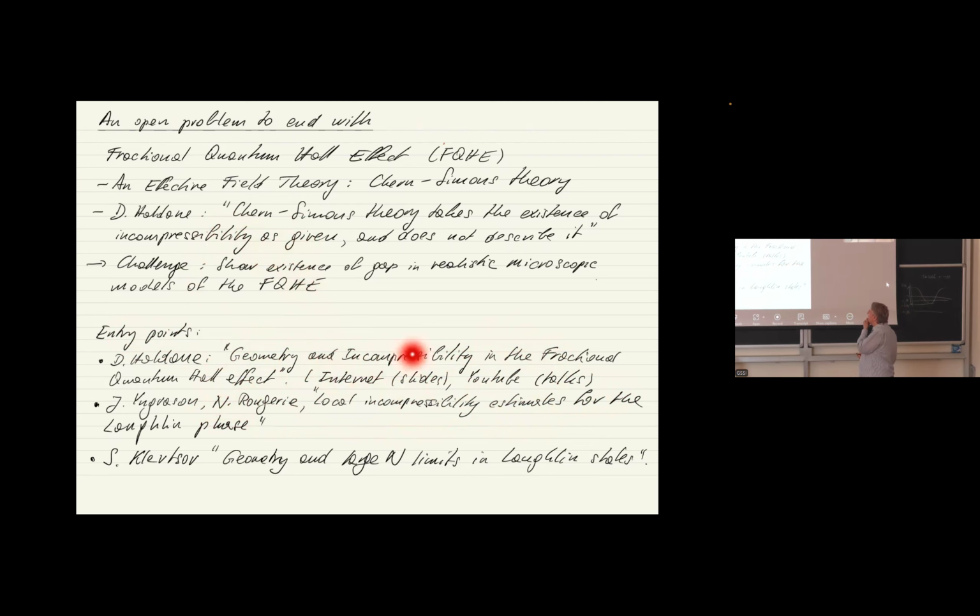Of course, mathematical physicists have thought about these things, and there has been some interesting work by Ingersoll and Rushby, which is, however, not exactly the real goal. It's called Local incompressibility estimates for the Laughlin phase. And another thing, which I'm less certain is up to the point, but I think it holds promise, is by Klevtsov, Geometry and large N limits in Laughlin states.